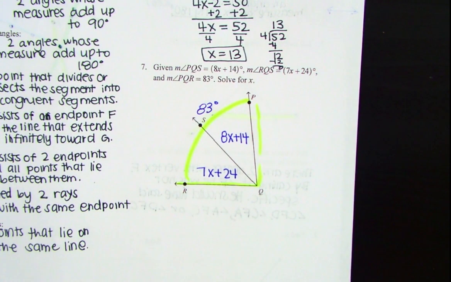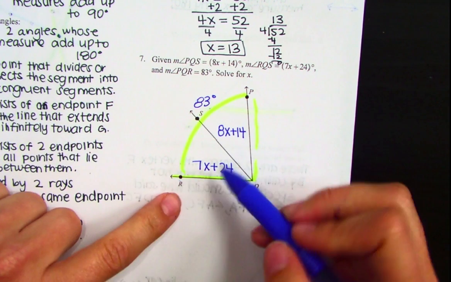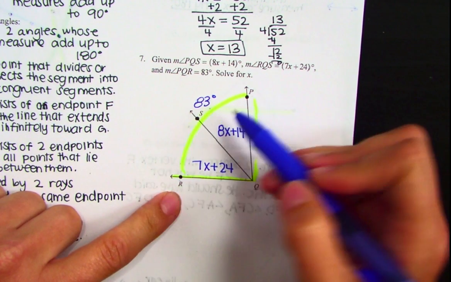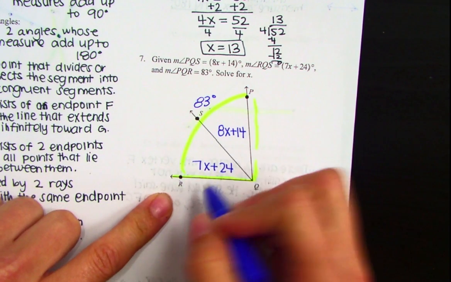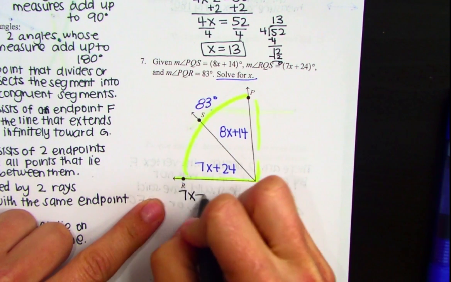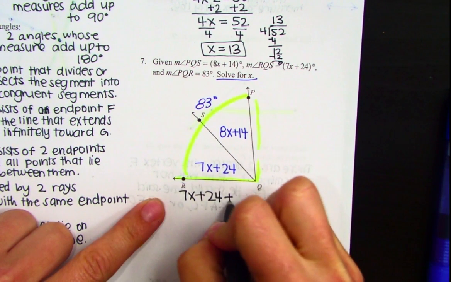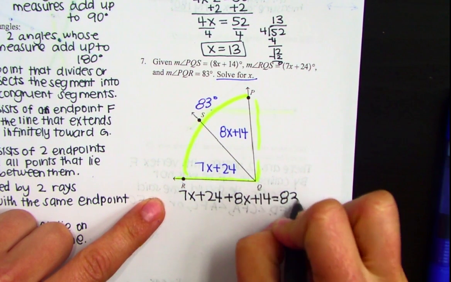So what I have is my angle addition postulate that says this angle plus this angle will equal the entire 83 degrees. So I'm going to set that equation up, and then I'm going to solve for x. So I have 7x plus 24 plus 8x plus 14 is equal to 83 degrees.